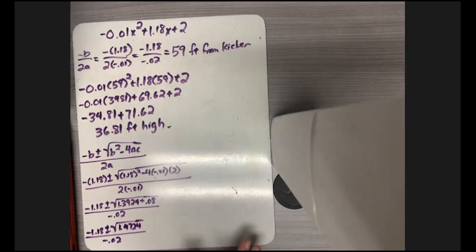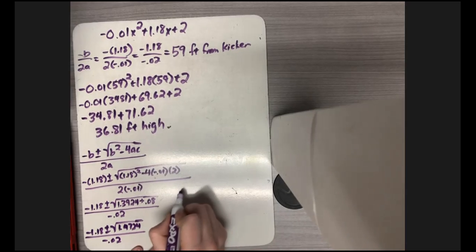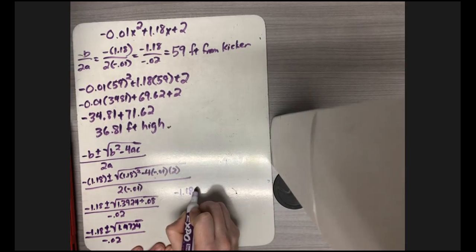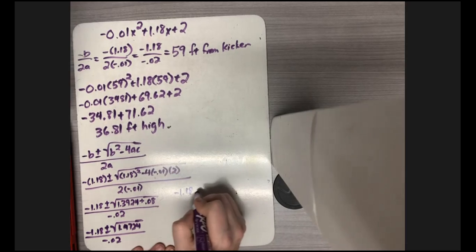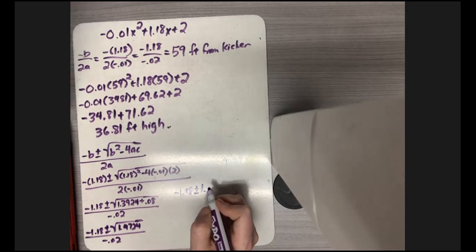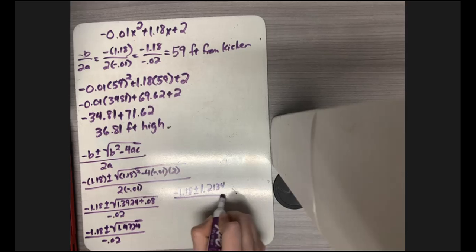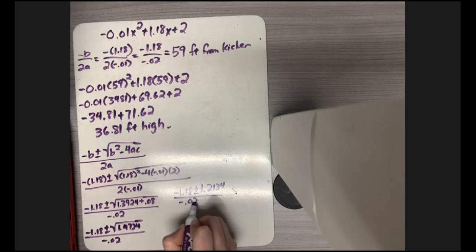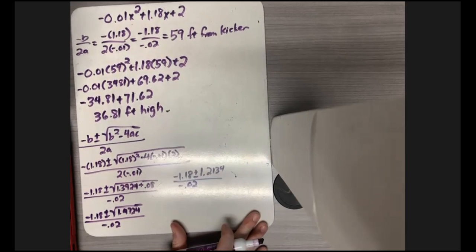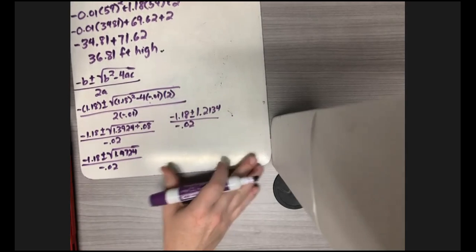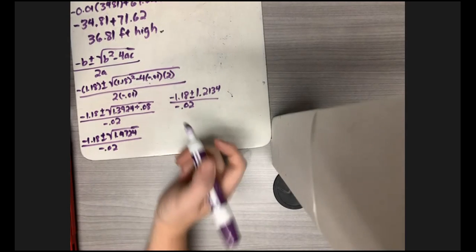Now I'm going to separate these. Sorry, I'm going to do the square root first. So this is now plus or minus 1.2134 divided by negative 0.02. Now we're going to split that.